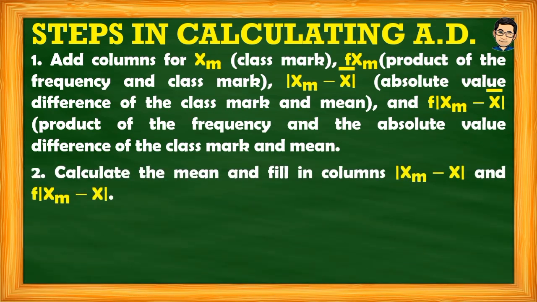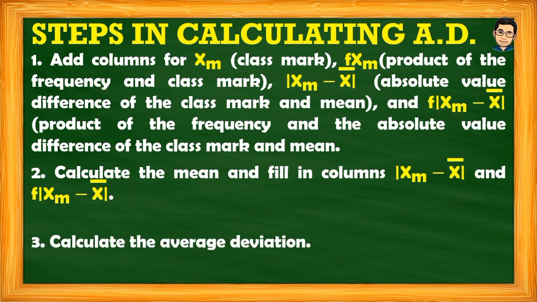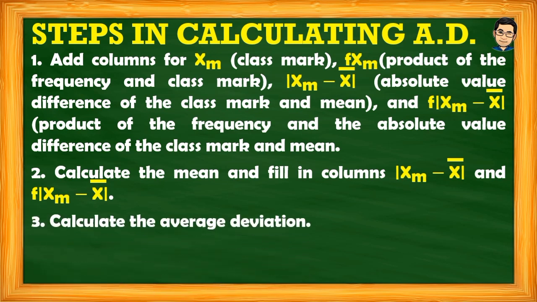Second step: calculate the mean and fill in the columns for the absolute value difference of the class mark and mean, and the product of the frequency and the absolute value difference of the class mark and mean. The first thing we need is to calculate the mean, because we have nothing to subtract from the class mark unless we have the average or mean. And then, calculate the average deviation.